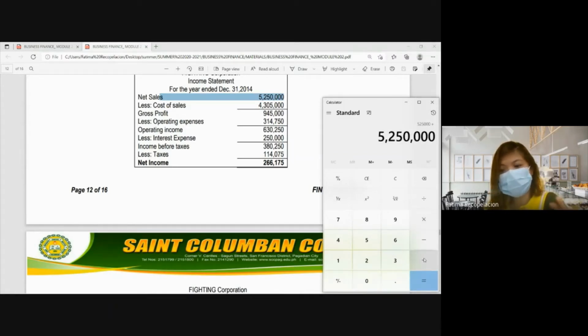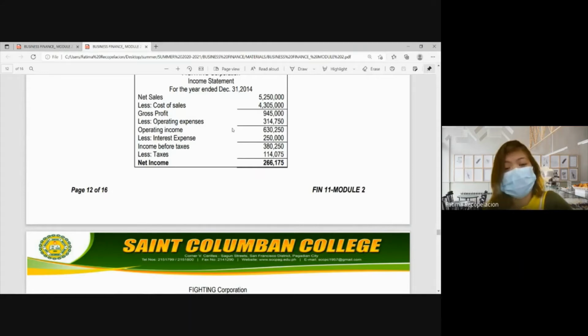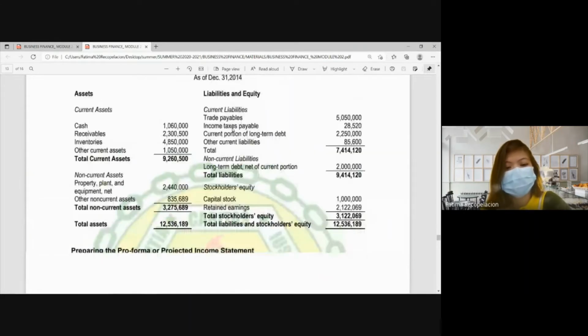So, with the increase of 10%, in the following year, the sales is expected to be 5,775,000. So, if that is the assumption, by next year, 10%, 10%, 10%. So, you'll just add 10%. So, we will just again follow the assumption.